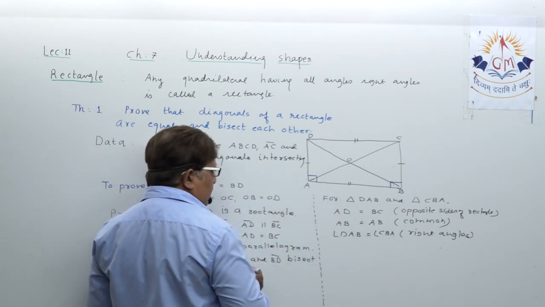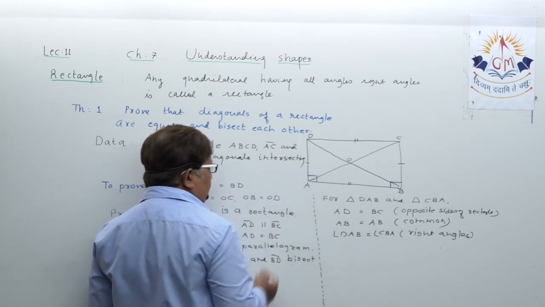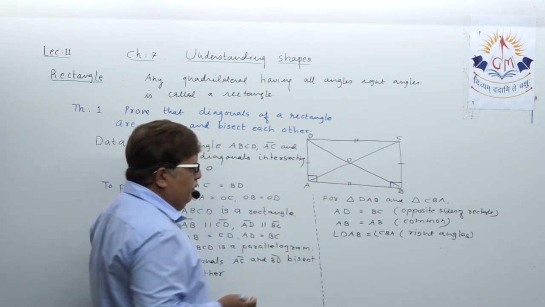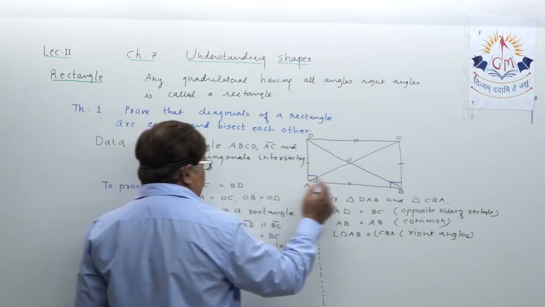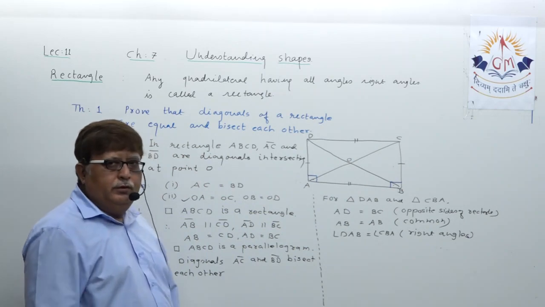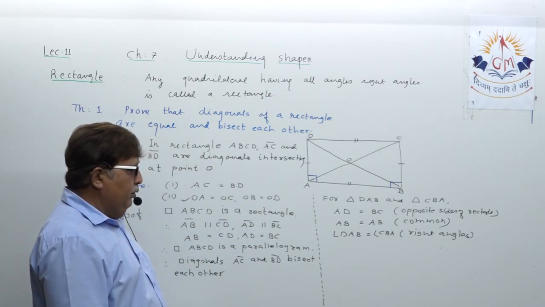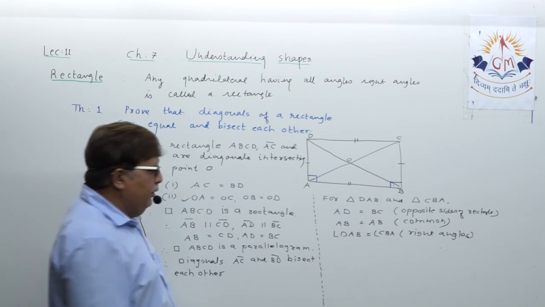AB equals AB because it is the common side between the two mentioned triangles. Angle DAB is congruent to angle CBA because they are already right angles.